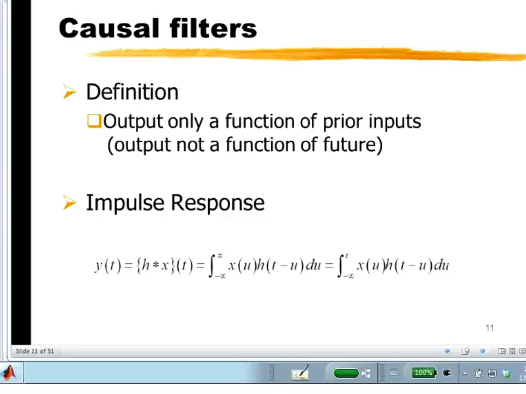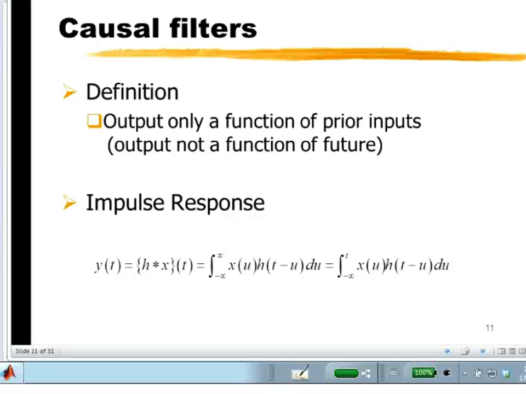Of course, all practical filters are causal filters. However, in the mathematical domain, we will often play with, design, and exploit non-causal filters. But you have to always keep in mind that when it's time to build these filters, some accommodation has to be made to make them into practical filters.